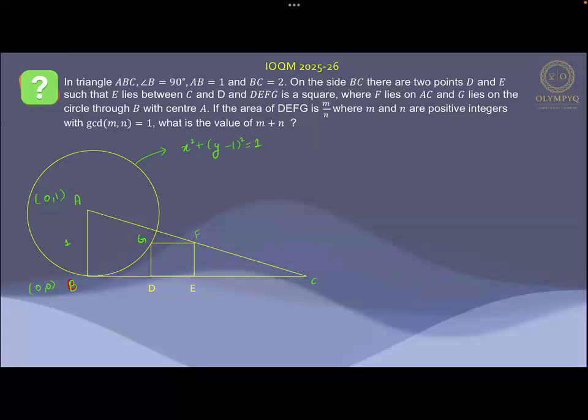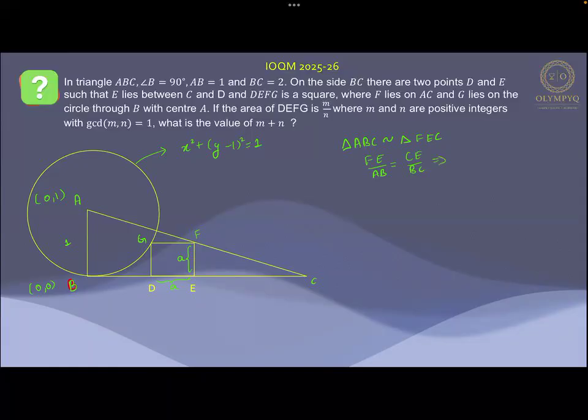Since G is touching this circle, if we can find the coordinates of the point G, then we can substitute that point into the equation of the circle. For that, first of all, assume this length to be a, then this length is also a. Moreover, triangle ABC is similar to triangle FEC. So FE divided by AB equals CE divided by BC.